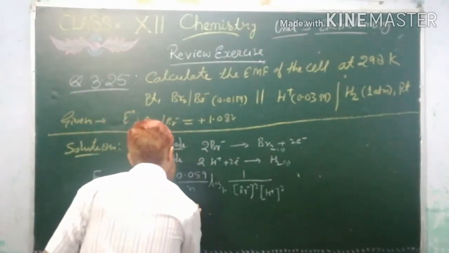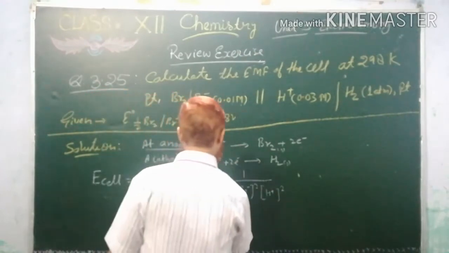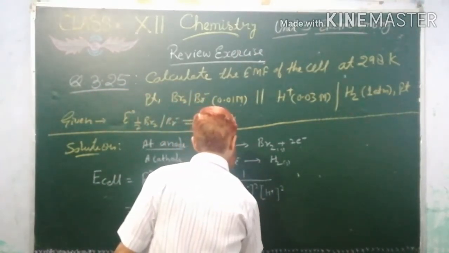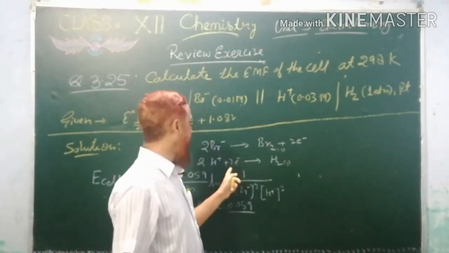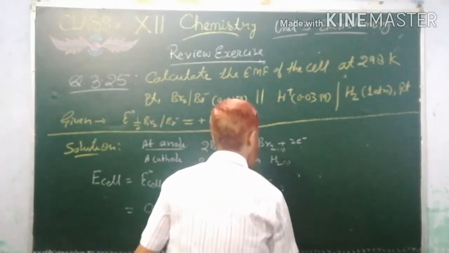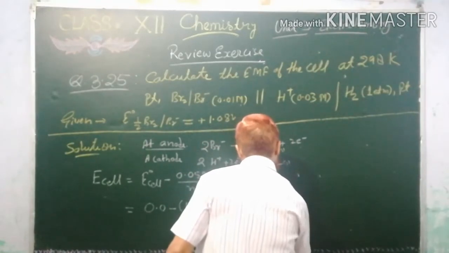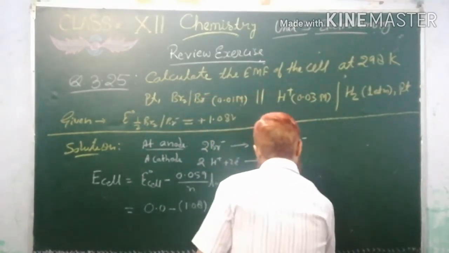So it will be 1.08 volt. Again minus 0.059 divided by n. n is 2 here. You can see that 2 electrons are involved. So we will write 2 log base 10 of 1 upon concentration of bromide ion.